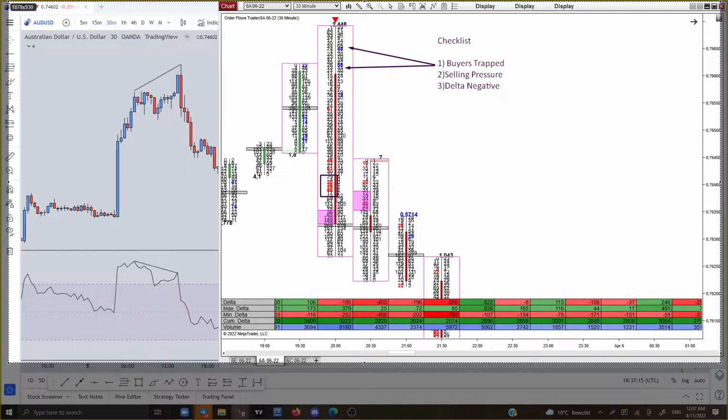Sellers are joining here, also these were sellers joining, so that is our selling pressure, which is this one mainly, with a stack selling imbalance. And on the third candle we see min deltas are becoming very strong, so that matches our checklist: 1, 2, 3.